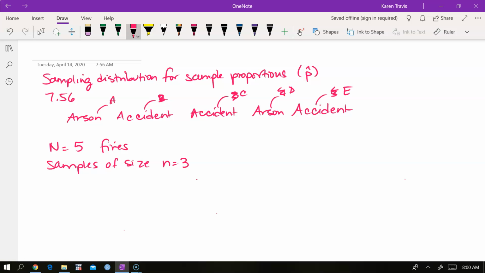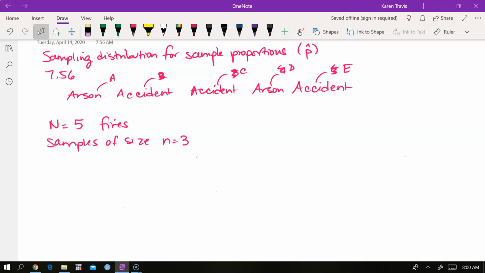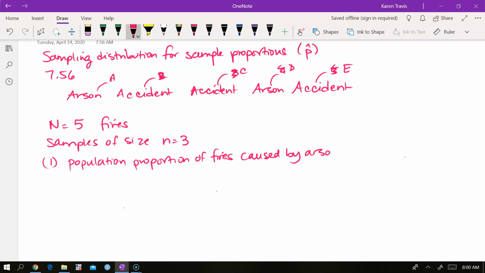If we take samples of size 3, the first thing I'm going to figure out is the population proportion of fires that are caused by arson. So we see that arson is 2 out of the 5 fires. So we know that the true population proportion is 0.4.